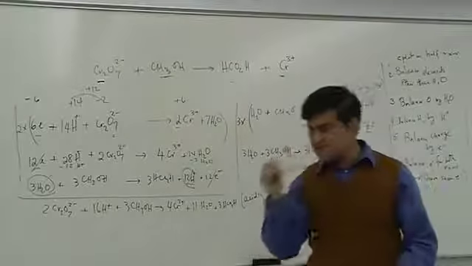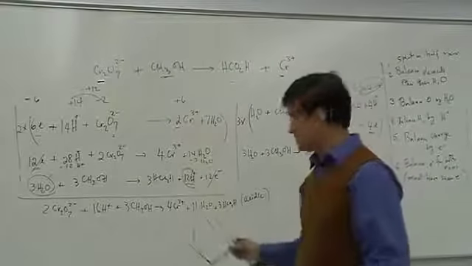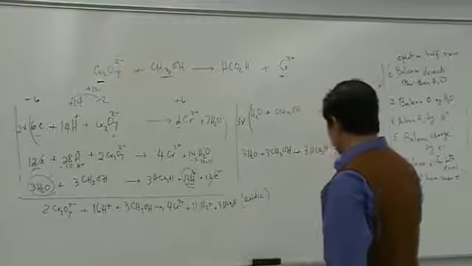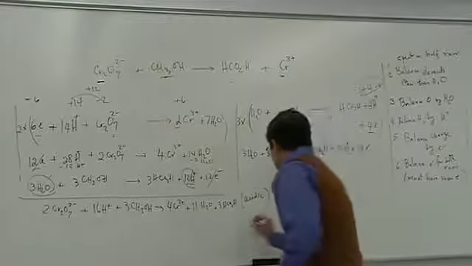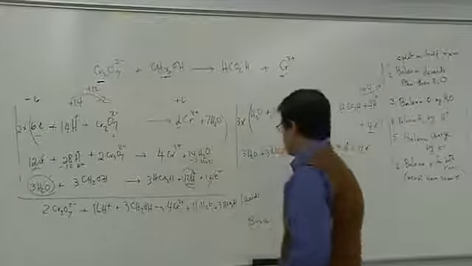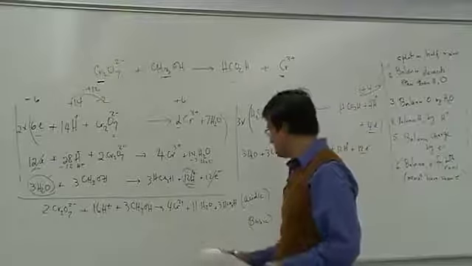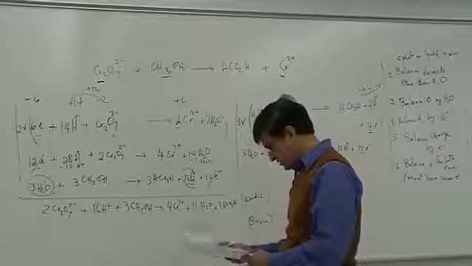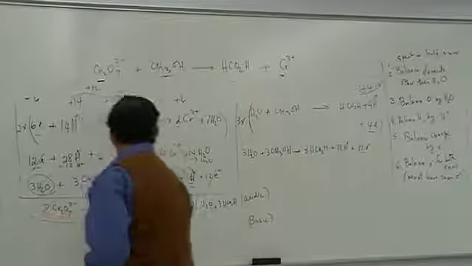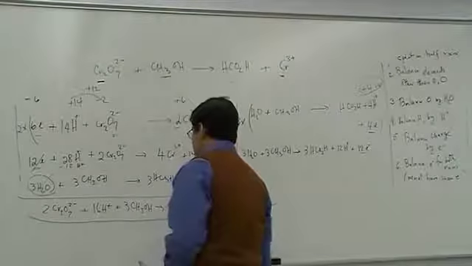Now you can follow the same rule for both basic as well as acidic solutions. Now let me tell you, if the question is asking about balancing for basic solution, you can first get acidic and then change it in one step to a basic solution. Now this is how you can do it. So let's not confuse this. This is our acidic solution.